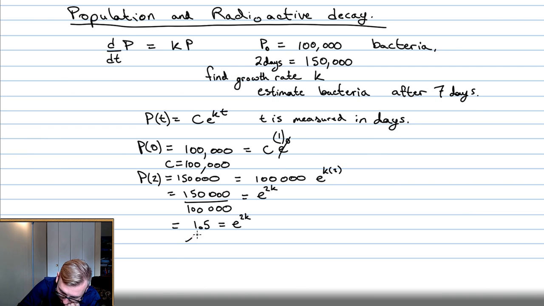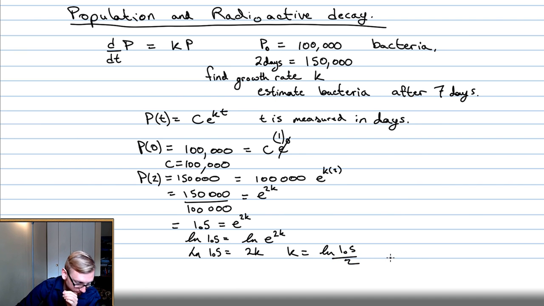We get natural log of 1.5 is equal to the natural log of e to the 2k. Using our log rules, this is just 2k. So then we've got natural log of 1.5 is equal to 2k. K equals natural log of 1.5 over 2. Nice.